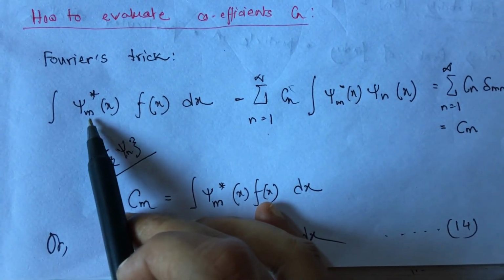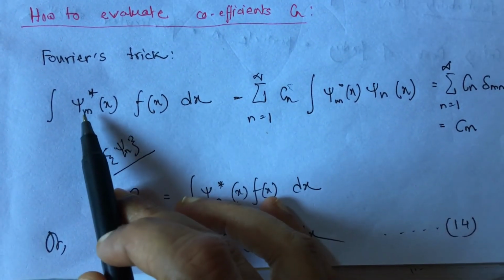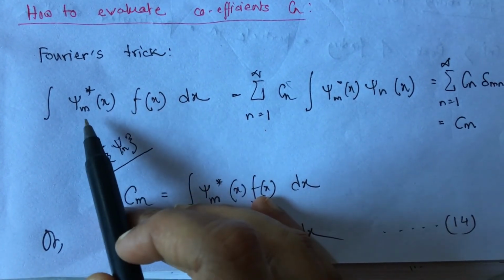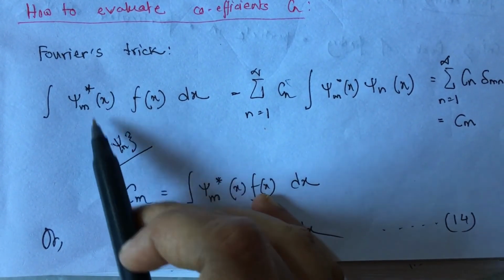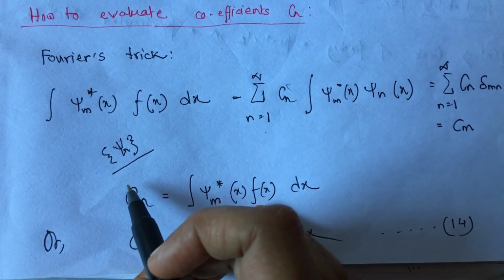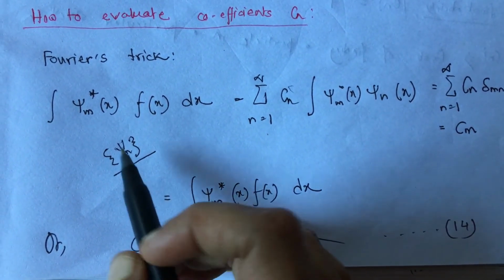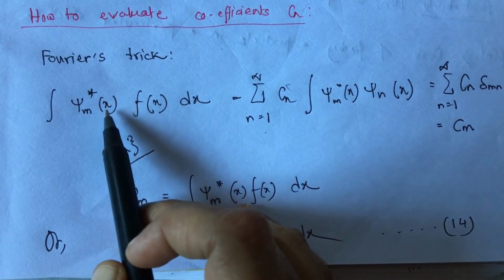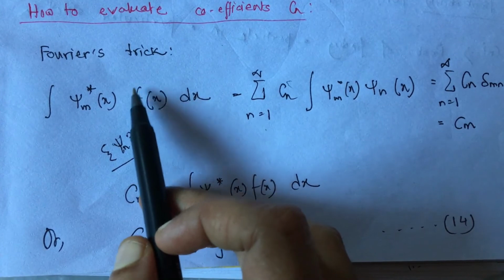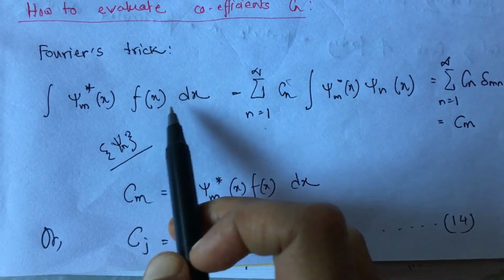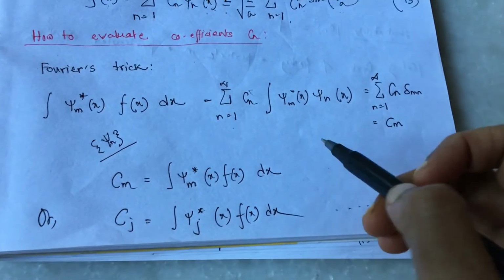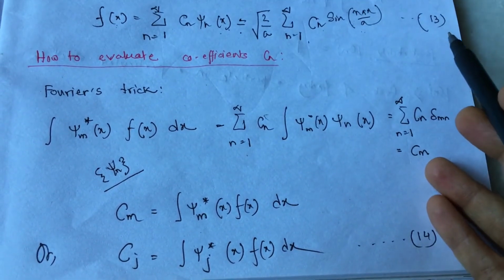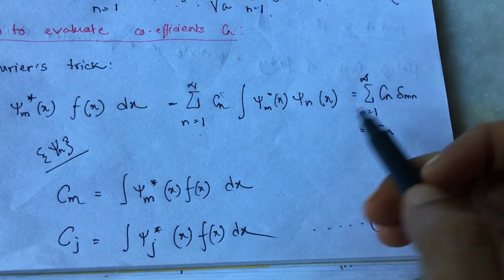Just for a change of notation, if psi is complex, then psi star is something which has meaning. So if I write the wave function as psi m star(x), and then the given function f(x), then in place of f(x) we can use equation number 13.